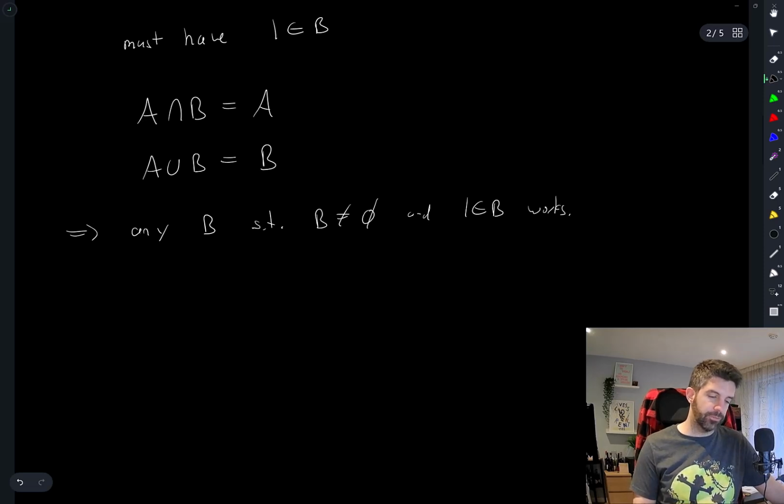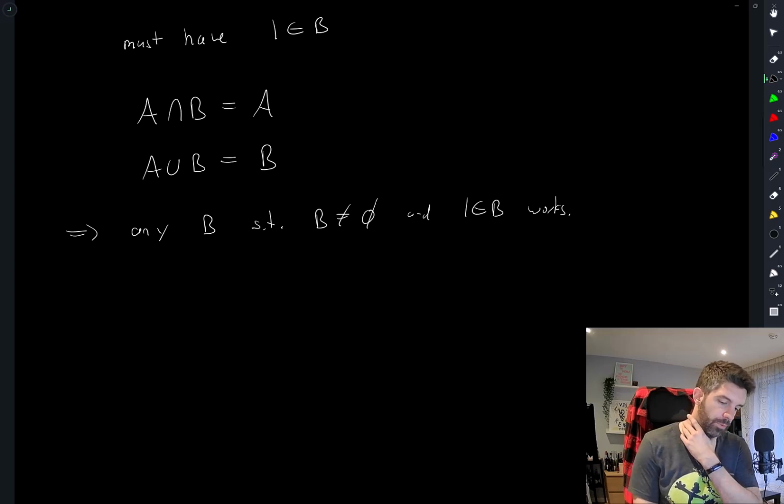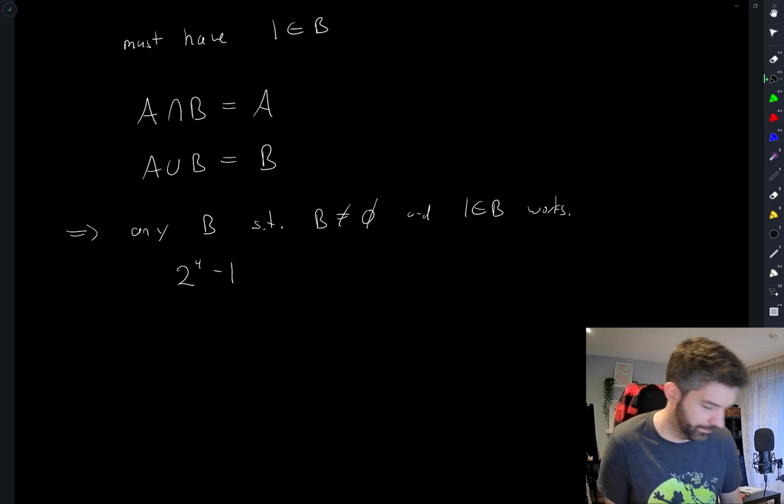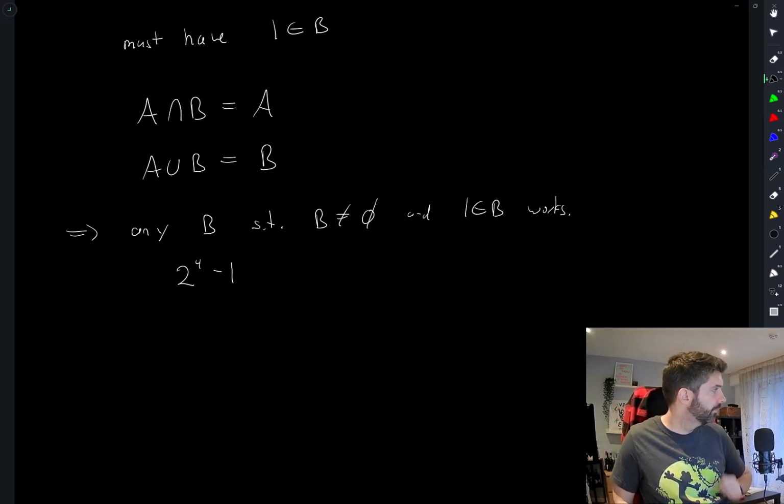And how many sets of that do we have? 2 to the 4 minus 1, because we have the numbers 2, 3, 4, 5. Any combination of those can work, except the one that's empty.